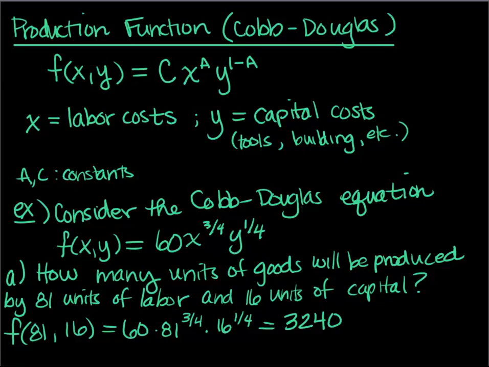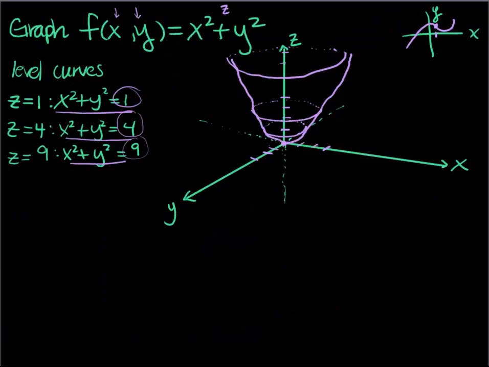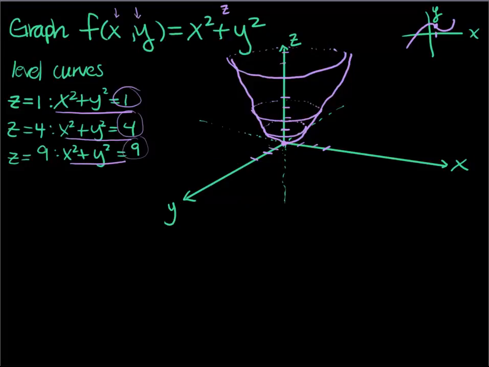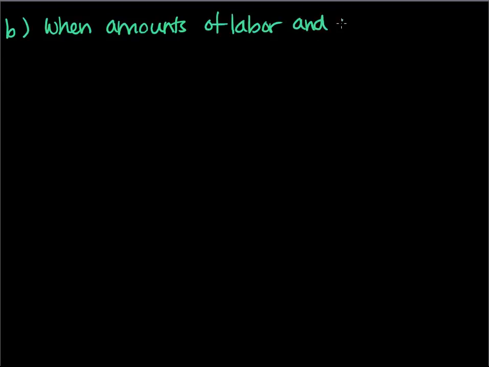Okay, I have one more part to the same problem. So part B: when the amounts of labor and capital, last one and then we'll be done, are doubled, so is production.